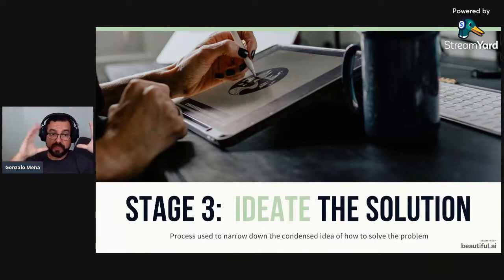So stage 1, we interview a lot of people, we get a lot of data related to the problem. Stage 2, all that data, we turn it into one line. This is the one problem we're going to solve. Now we get to craft a solution to that problem we define in stage 2.